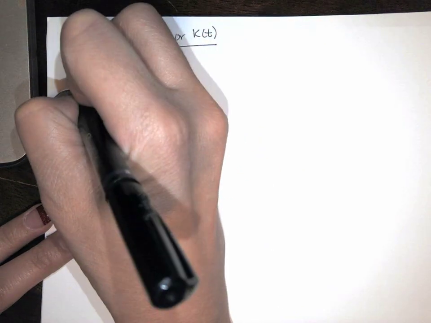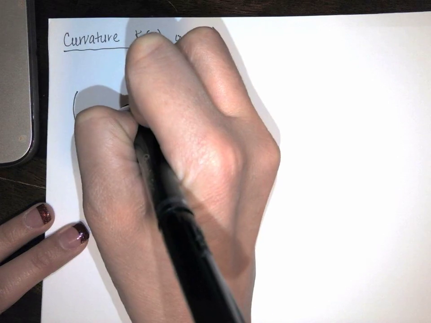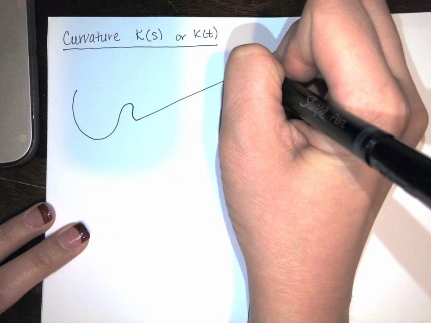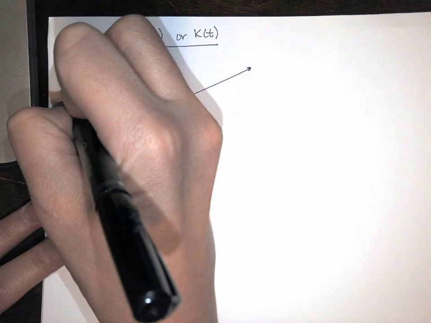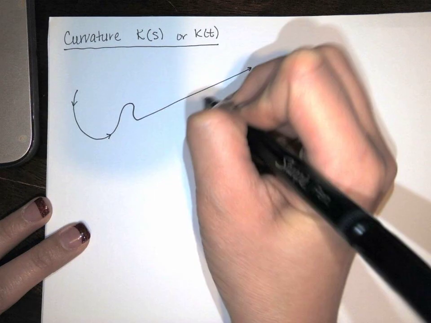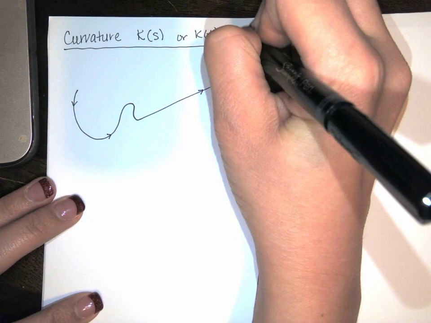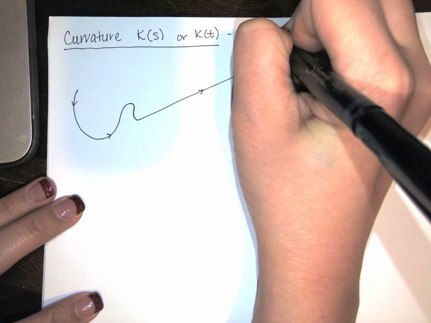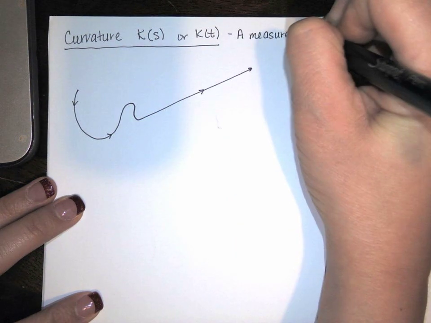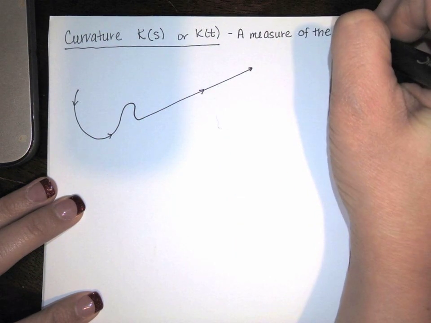Maybe our curve looks like this. Let's say that's our curve. Now, curvature is a measure of the sharpness of the curve.